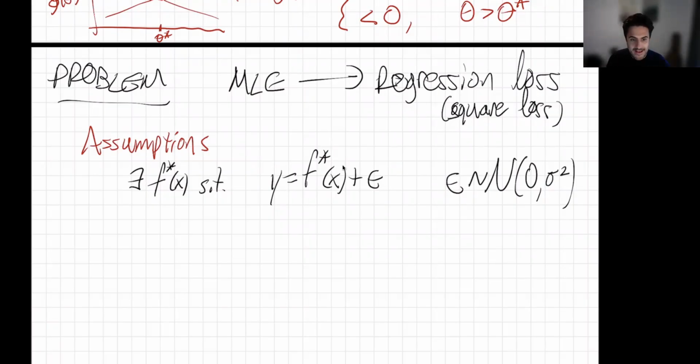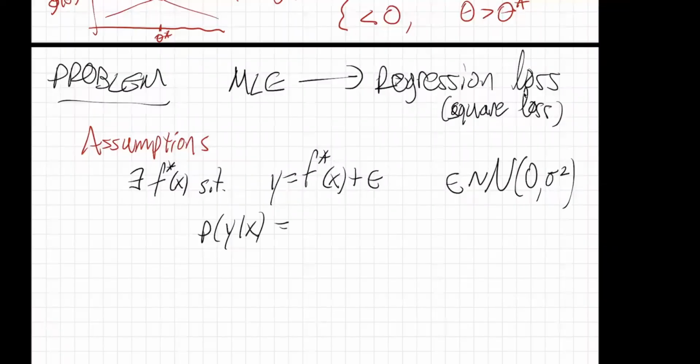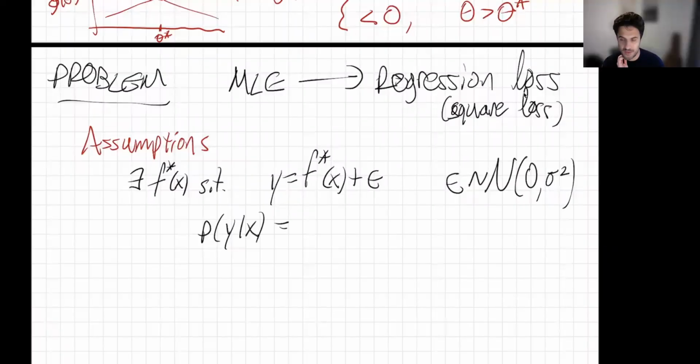There's another way to write this, which might be helpful, with slightly abusive notation, if I may call it that. For y given x, we're basically making an assumption on this conditional distribution of y given x.